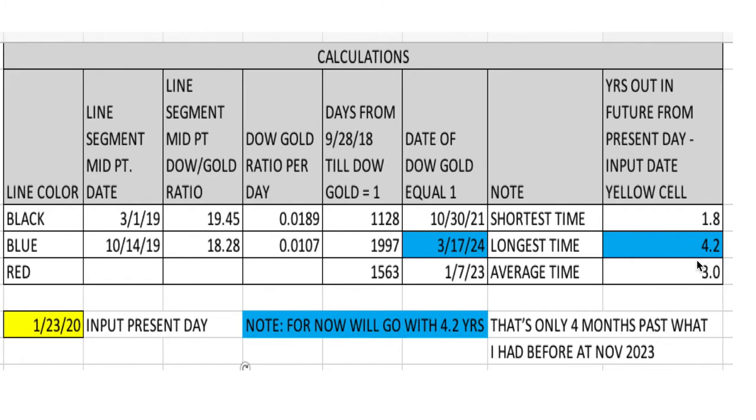So I could be doing this, investing in mining stocks for another 4 years if I wanted to, theoretically, go all the way until the Dow Gold equals 1. Well, I may bail out sooner, if I'm happy with what I've made, but that's another story.